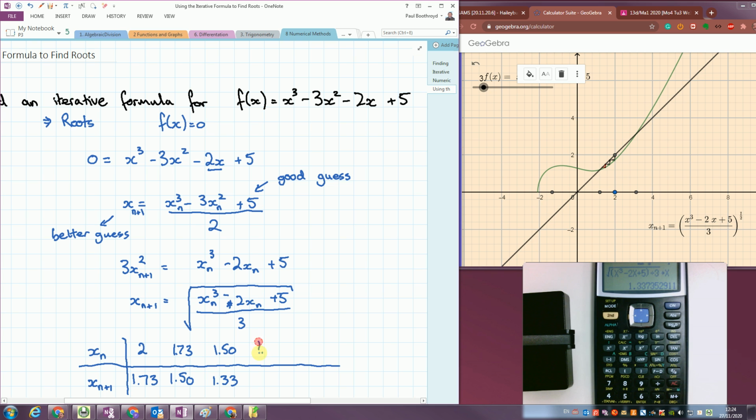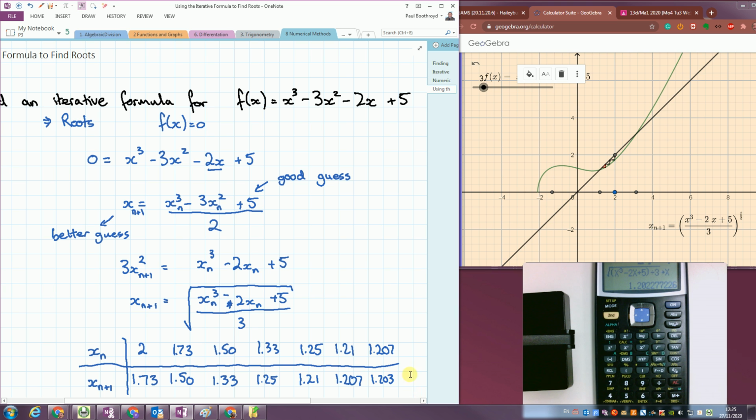If I keep pressing equals now, I get 1.33, gives me 1.25, moves on, and eventually you'll get to a point where the number becomes fairly stable. 1.21 gives me 1.207, which gives me 1.203, and we're now getting to the point where we know our answer is getting closer and closer to 1.2.